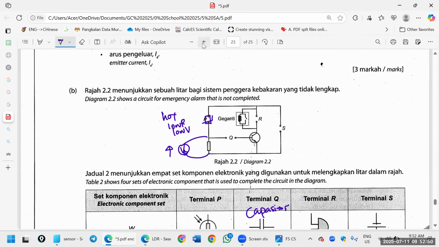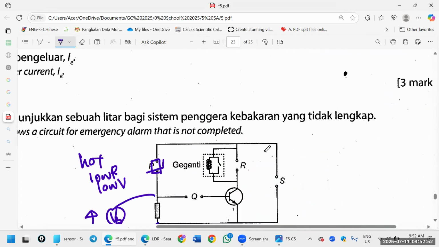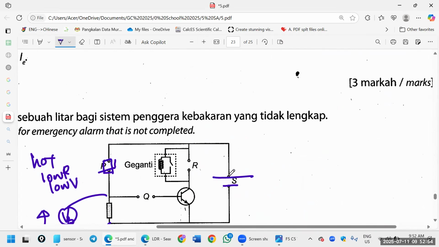Why terminal S? Right? So we draw back. Why terminal S like this? So that the current can flow through IC. Can you use the terminal with the P-type, N-type connection? Cannot. Okay, so this is the positive terminal, right?